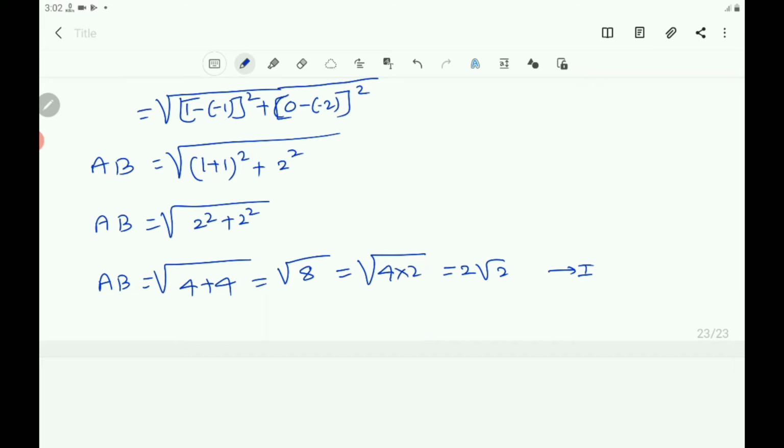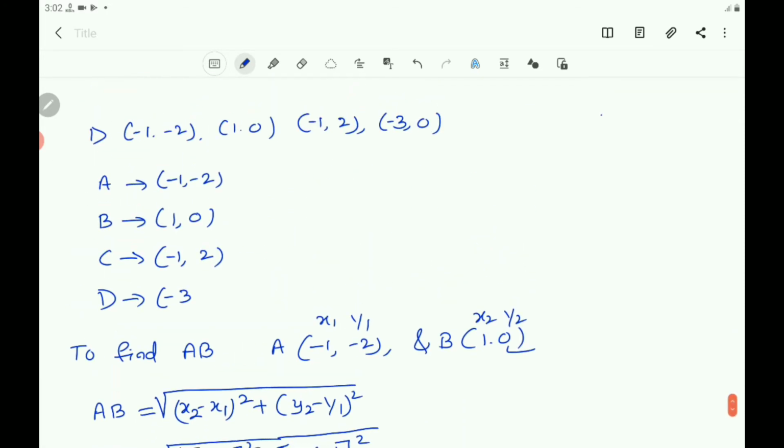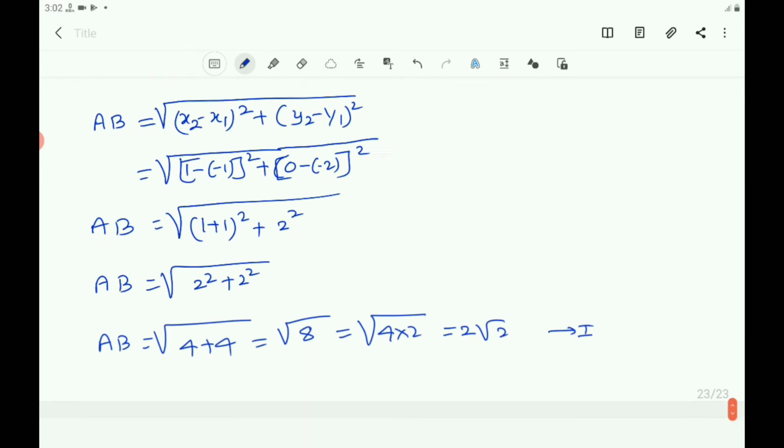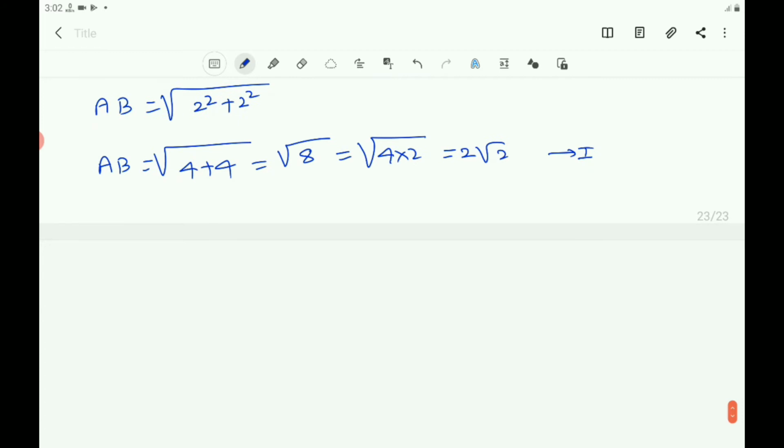So you consider this is the first one. First side you got AB. Next you take BC. The points of BC are 1, 0 and -1, 2. B is 1, 0, C is -1, 2. So what you have to find out here? To find BC.